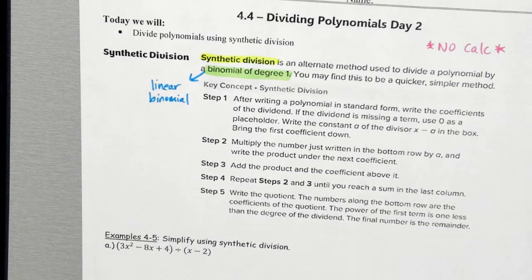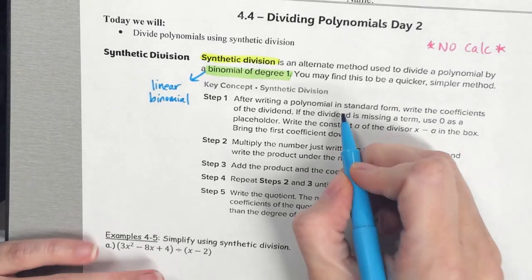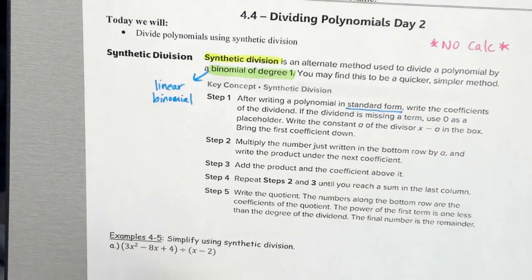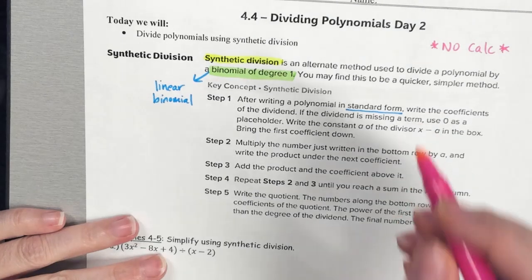Okay, so we're going to highlight the important pieces of step 1. In step 1, you have to just make sure that your polynomial is in standard form. They are going to be given to you in that form most of the time. And then we have to write the coefficients of the dividend.